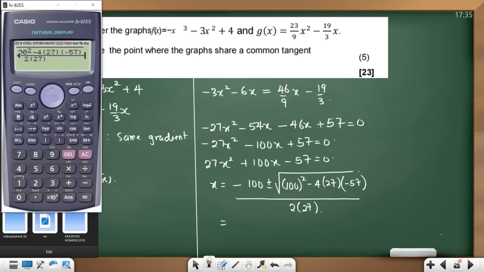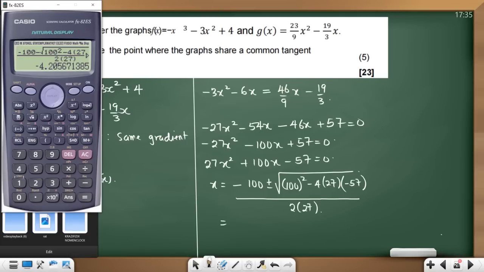So we have, multiply, just to make sure, 54, negative 46x, and then plus 57, because 19 times 3 is 57. So we have negative that. We change both positives to negatives, and then we have that. Lovely. So minus b, minus 100 plus or minus the square root of b squared minus 4ac over that.